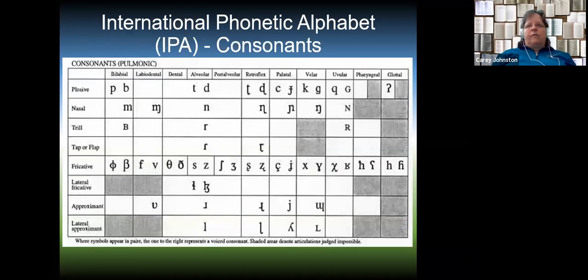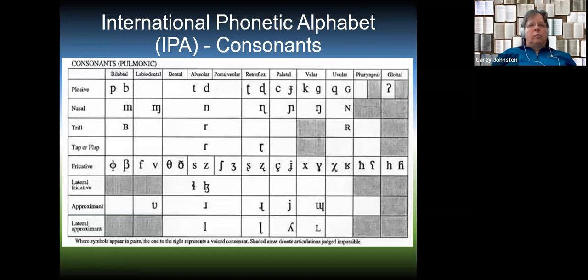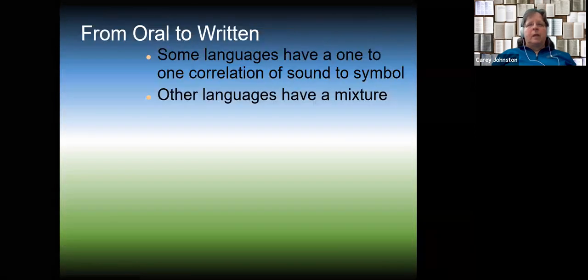The phonetic alphabet chart, as we talked about earlier, helps linguists talk to each other about what sounds are in a language, but these aren't very good for literacy. As you can see, there are so many different forms and sounds that it's quite difficult to teach people to read and write using those.